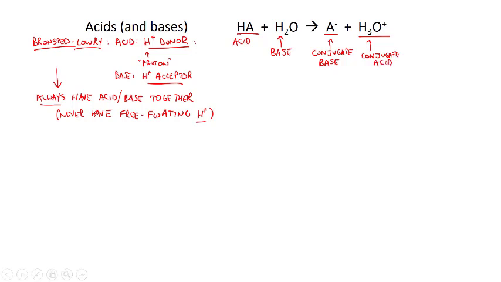Now, you may ask, well, why do we call it a conjugate acid? Why do we call it a conjugate base? Because in some situations, this reaction is reversible, and in that case, the proton would be going from H3O+ to A-, in which case H3O+ would be acting as the acid, and A- would be acting as the base. So in other words, acid and base in the Bronsted-Lowry system is relative.